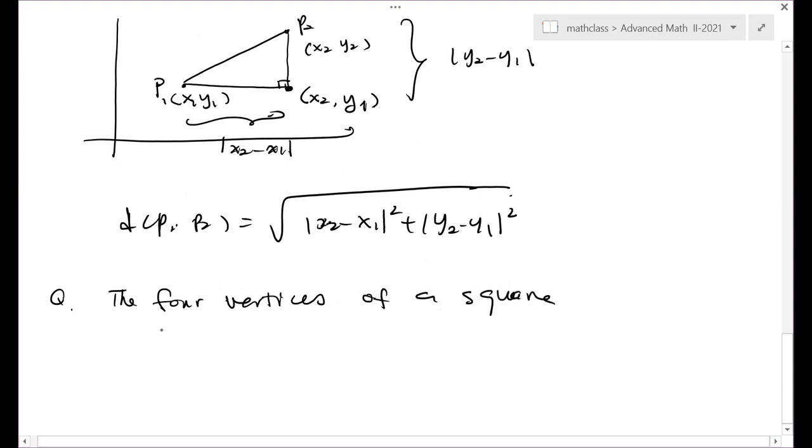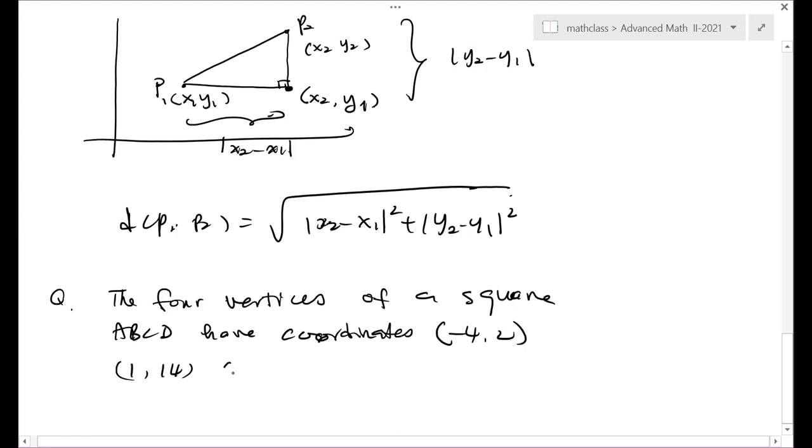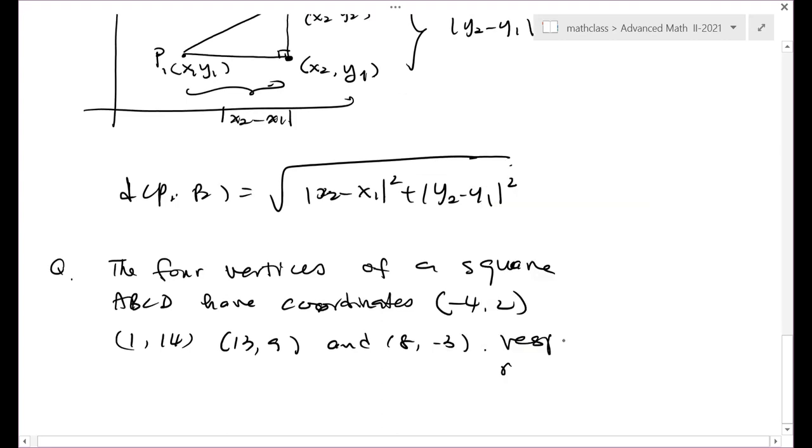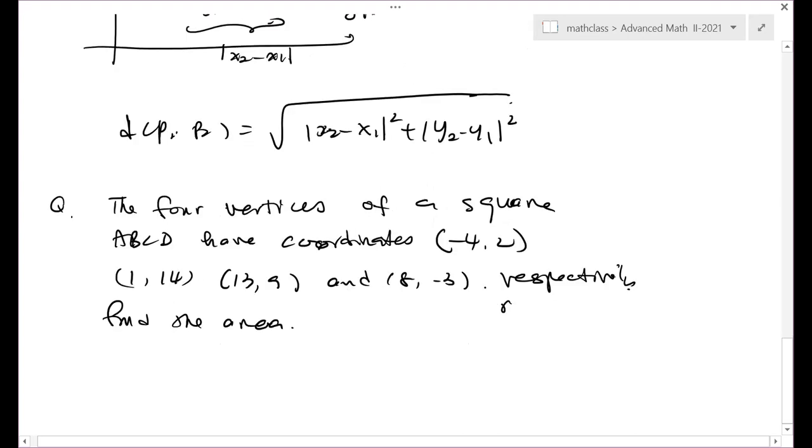A square A, B, C, D has coordinates -4 and 2, 1 and 14, 13 and 9, and 8 and -3, respectively. We want to find the area of this square. How do you do that?